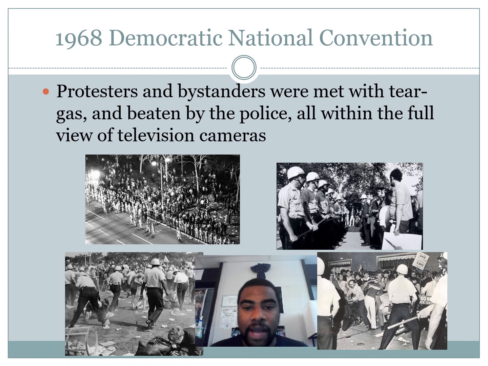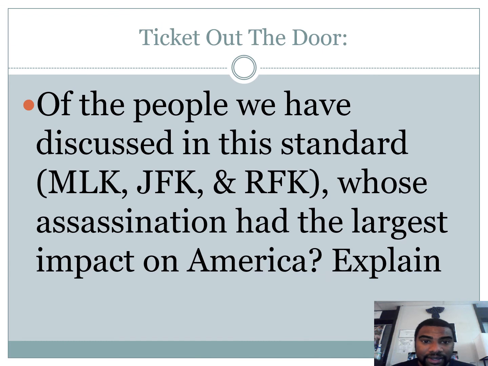The protesters and bystanders were met with tear gas and beaten by the police, all within the full view of television cameras during the Democratic National Convention. So it was insane. But I'll talk to you all about that more in real time.